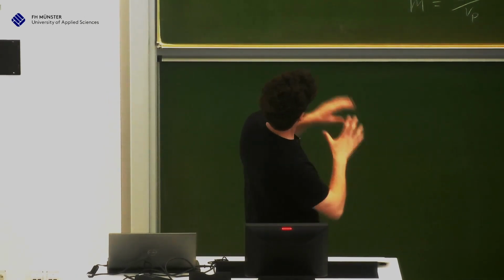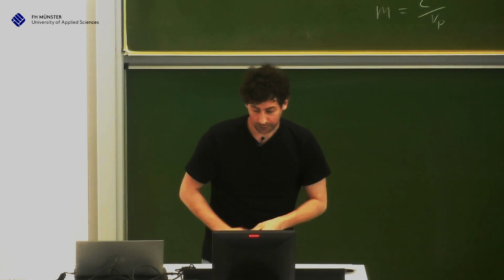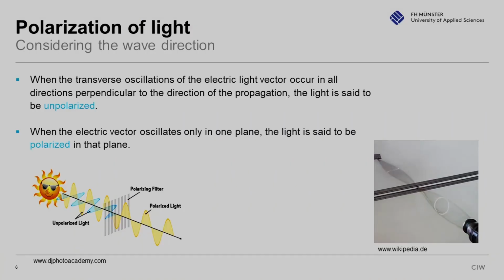I think all of you know this, but it's important to recap it for the lecture. Then we have to talk about something else, and this is polarization. So polarization of light.